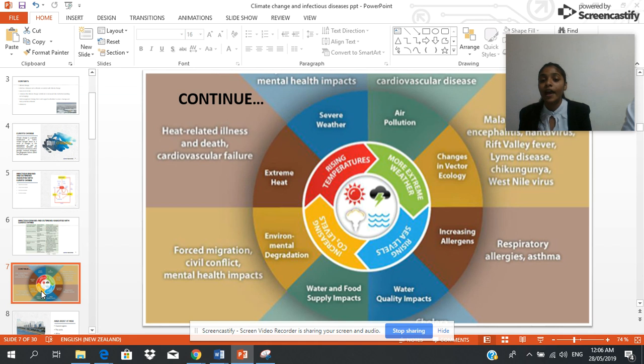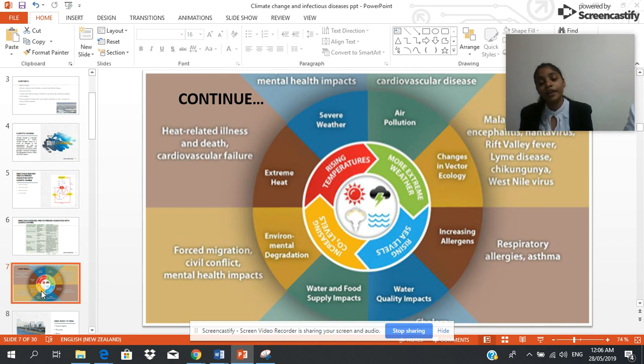Extreme weather changes can also cause air pollution, which can lead to cardiovascular diseases, as well as changes in vector ecology. This can directly affect malaria, encephalitis, hantavirus, as well as Rift Valley fever.